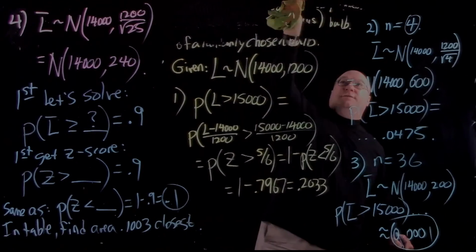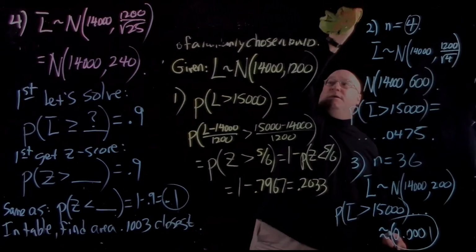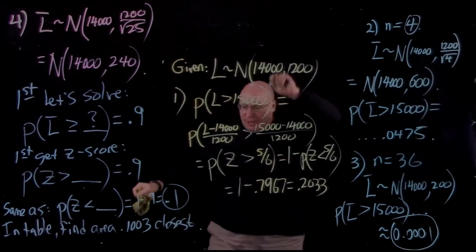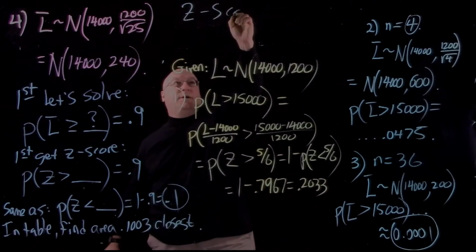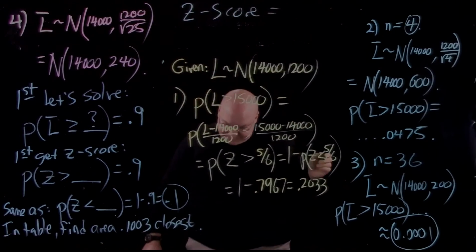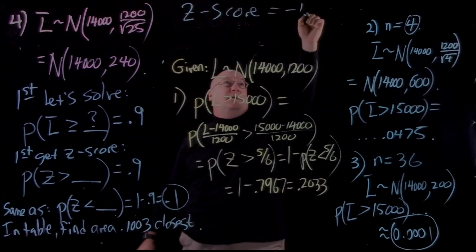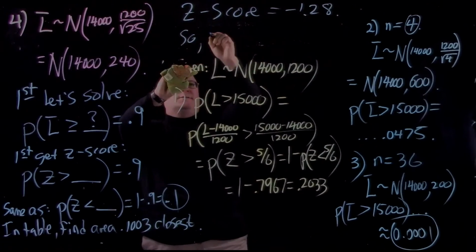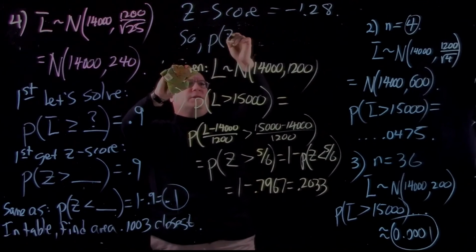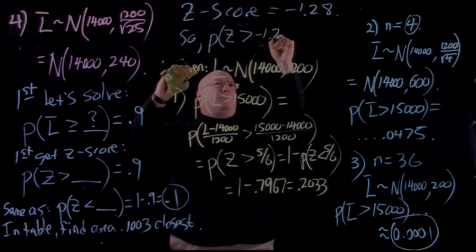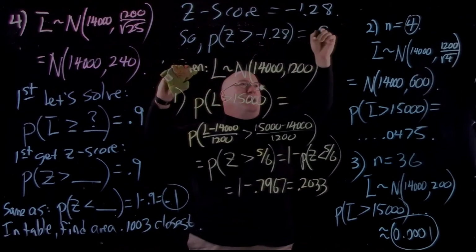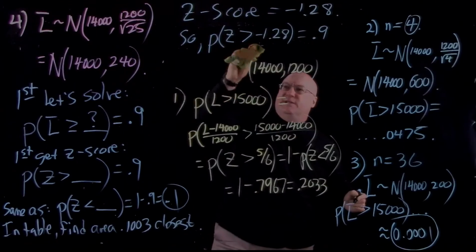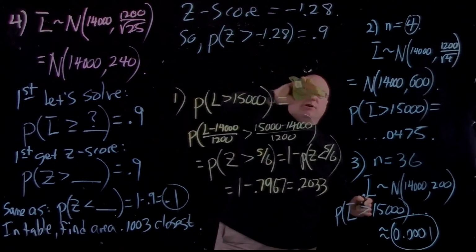If you back out of your table, that 0.1003, go out and up, you get a z-score of negative 1.28. Sorry about the squeaks. The probability that Z is greater than negative 1.28 is approximately 0.9, 0.8997 actually, but that's our approximation.